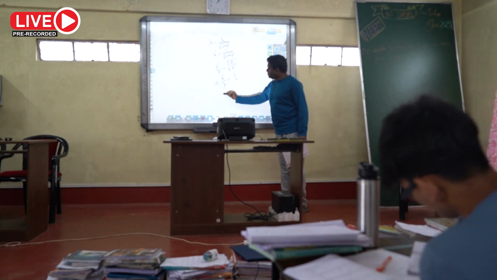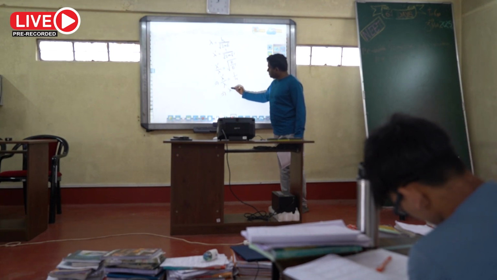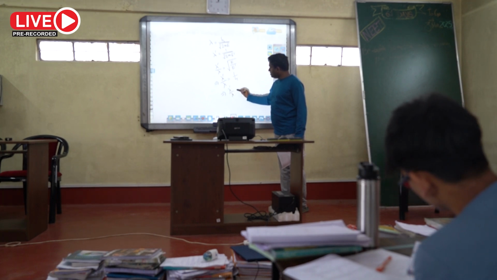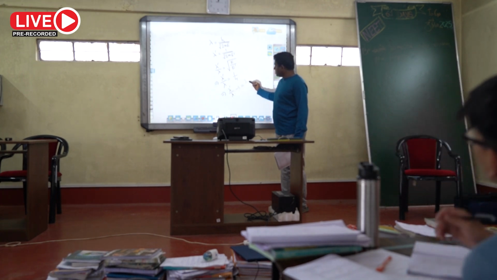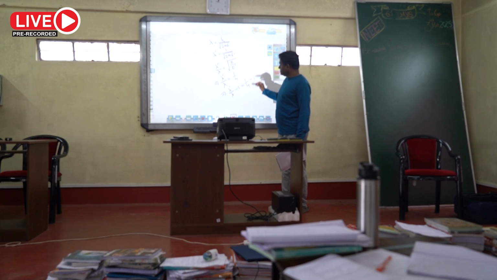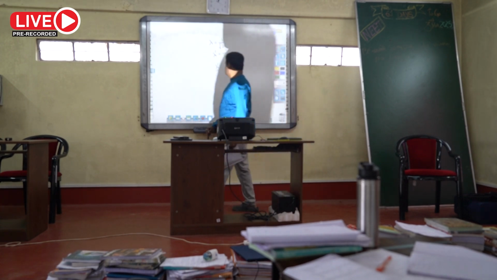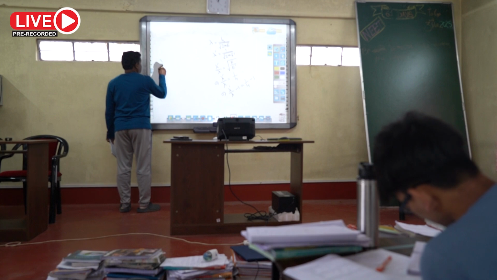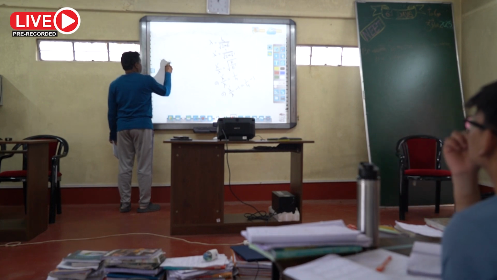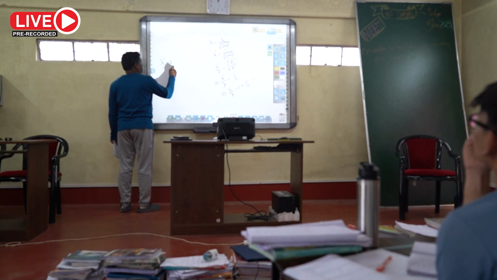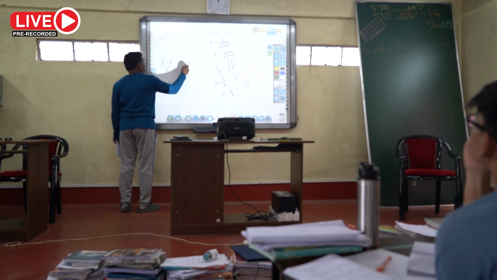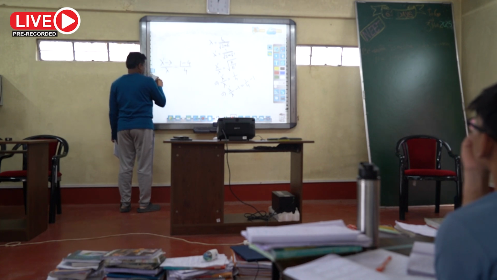Now subtract 1 from both sides. Lambda prime by lambda minus 1 equal to 1 by 4 minus 1. So it will be (lambda prime minus lambda) by lambda equal to (1 minus 4) by 4. Now multiply both sides with 100.